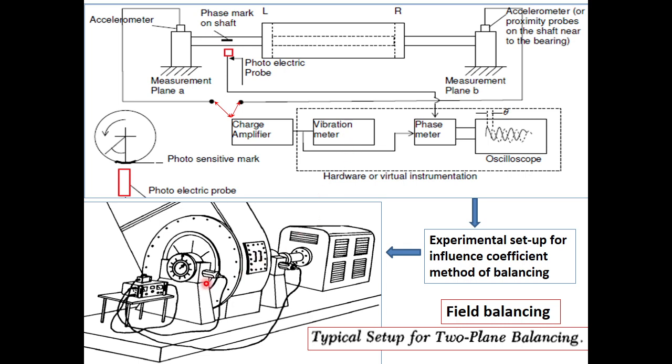Then there is a vibration meter. Actually, a charge amplifier is required for these sensors. These signals are amplified first, then they go into the vibration meter. Then there is a phase meter. This phase measurement comes from this indicator as well as from the measurement of this. Some arrangement is there by which phase is measured.